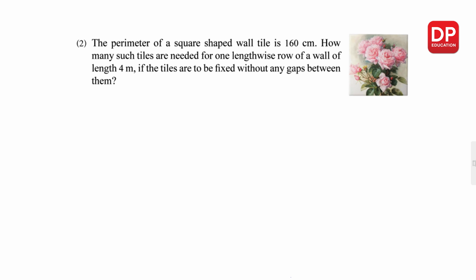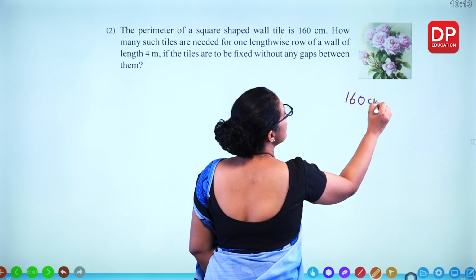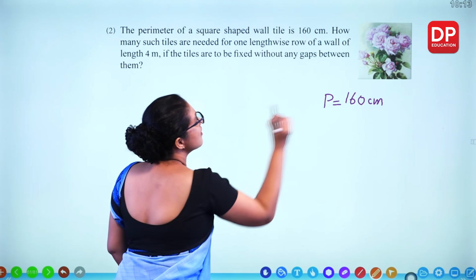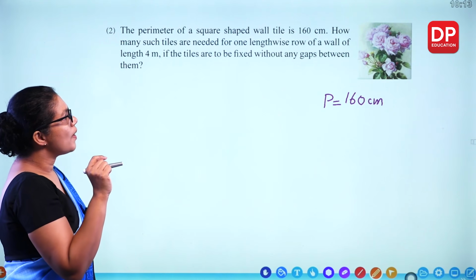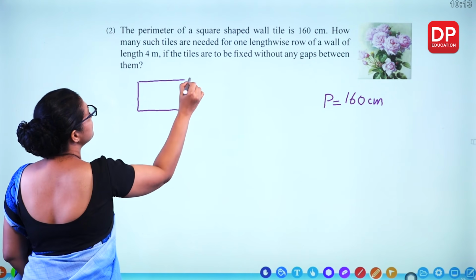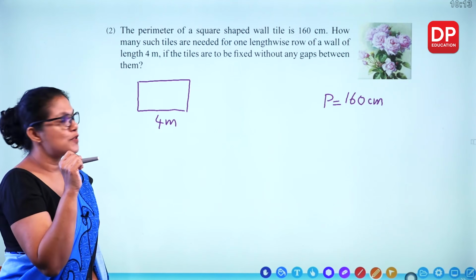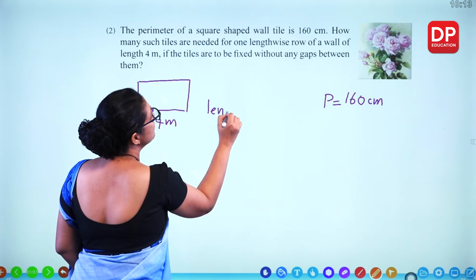Question number 2. The perimeter of a square-shaped wall tile is 160. How many such tiles are needed for one lengthwise row of a wall of length 4 meters, if the tiles are to be fixed without any gaps between them? So what's the length of the wall?